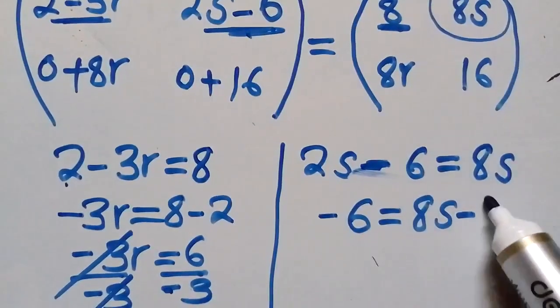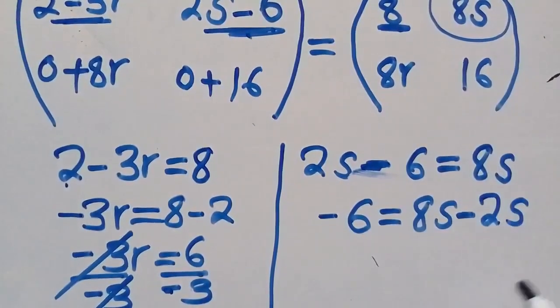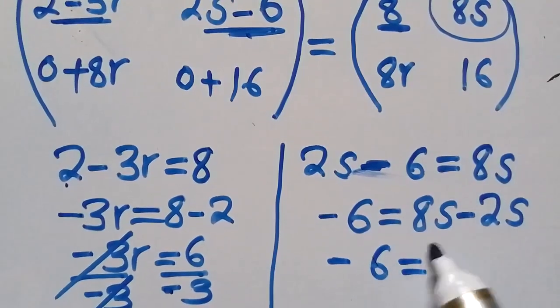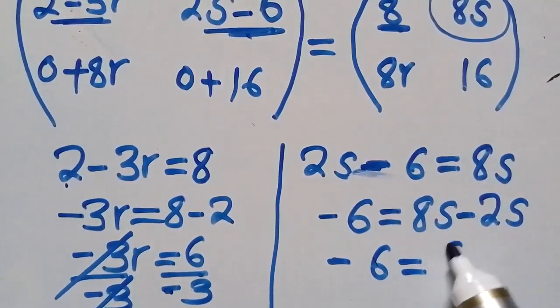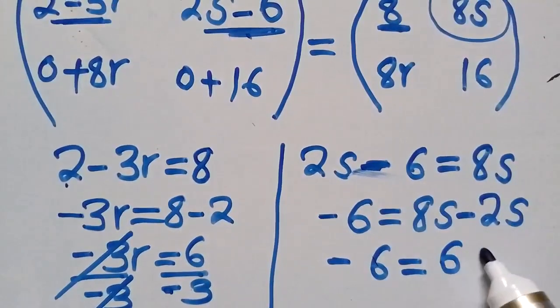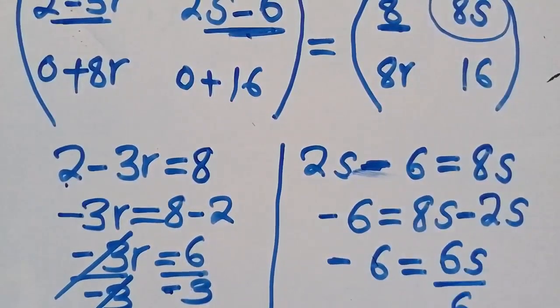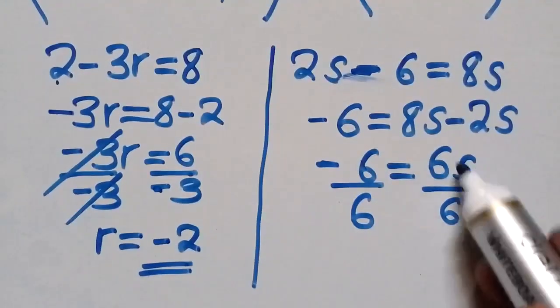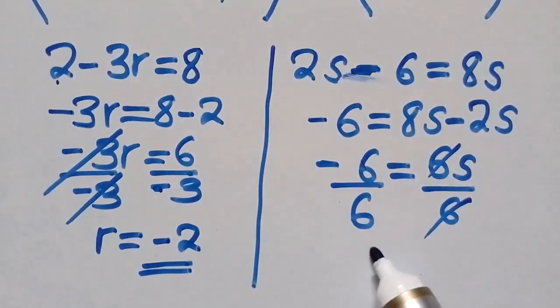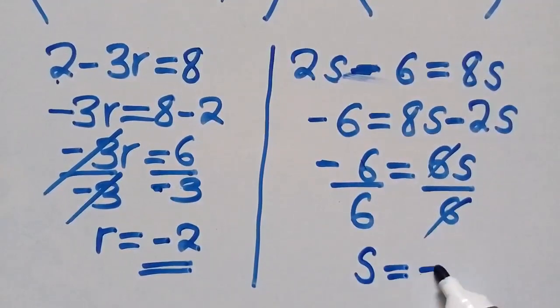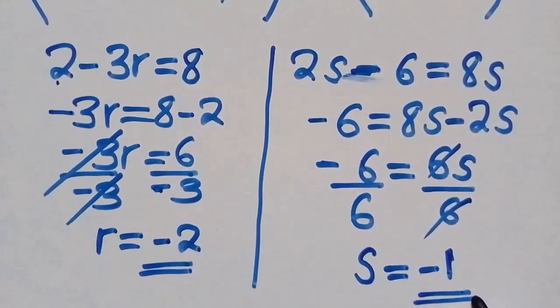So how can I find that? 2s. Where I say negative 6 is equal to, here, what am I getting? I'm getting 6s over 6 over 6. What's the answer there? This cancelled. I remain with what? S. S is equal to negative 1. That's how you work out those questions. So we've answered 2 questions.